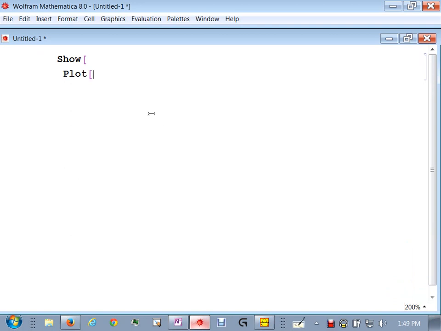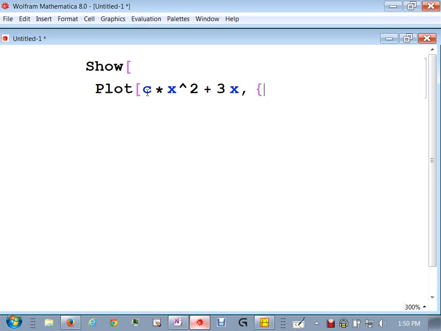I'm going to show the plot of c times x squared plus 3x, what was it? Okay, I'm going to show that on the interval x from -10 to 10.